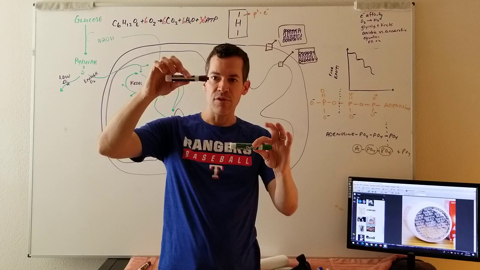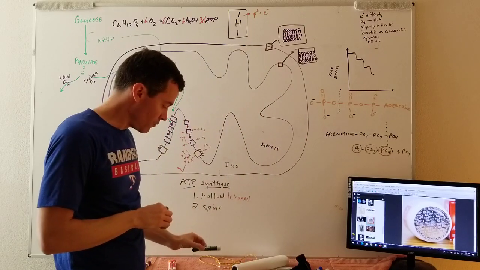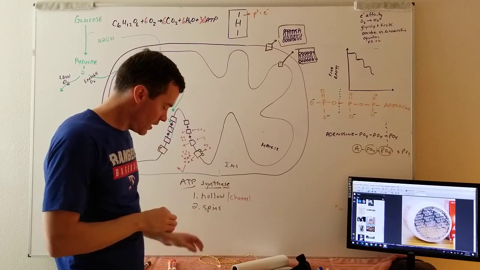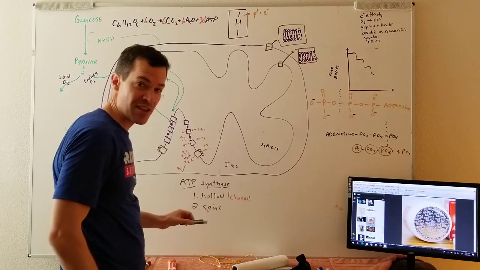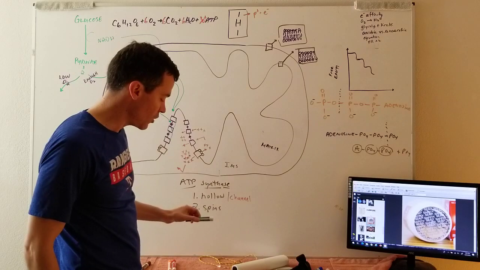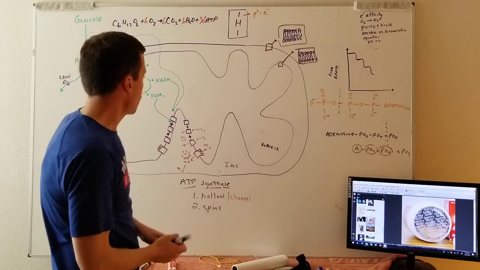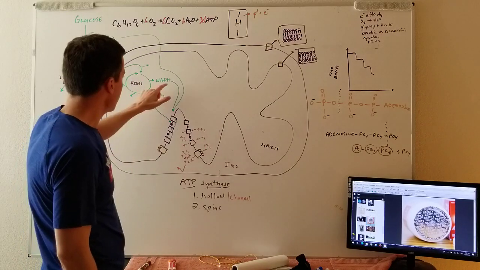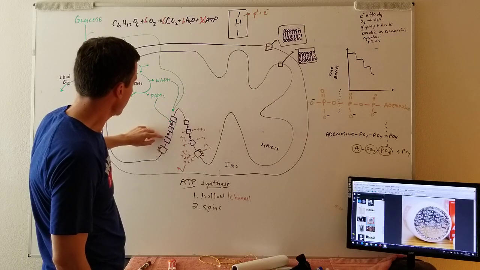The further I have to fall, the more potential energy I have. If this guy falls a foot, and this guy falls 2 feet, he has more potential energy. I can hear the difference in sound. I don't know if you can on this video, but that versus that. So that's essentially what's happening here. These are higher energy electrons than these, so these can power pump 2 and 3.